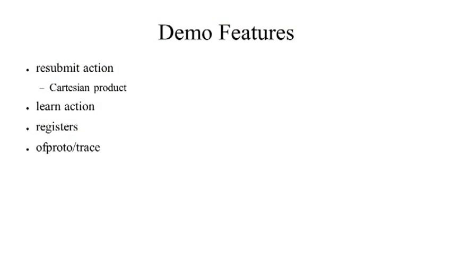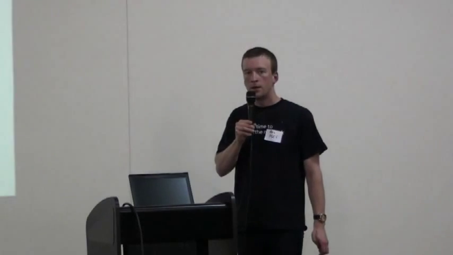The second action is one that we added more recently, and it's called learn. It's called learn because our main goal for this is to implement MAC learning, and so it's supposed to be suggestive. But in fact, you can use learn to insert arbitrary rules in any OpenFlow table based on the contents of the packet that you're currently processing.